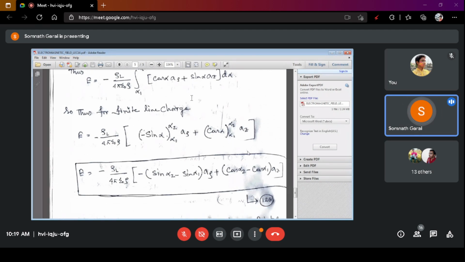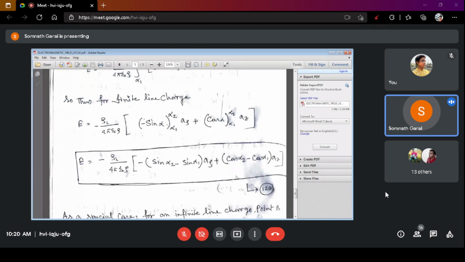Now, if we put in the upper and lower limits, then E is equal to minus rho L by 4 pi epsilon naught rho, then minus of (cos alpha 2 minus cos alpha 1) a rho plus (sin alpha 2 minus sin alpha 1) a z. So, equation number 1.26 represents the electric field intensity at an arbitrary point P with respect to a line which is situated in the z direction between the angles alpha 1 and alpha 2.